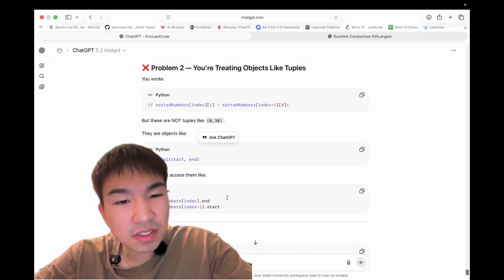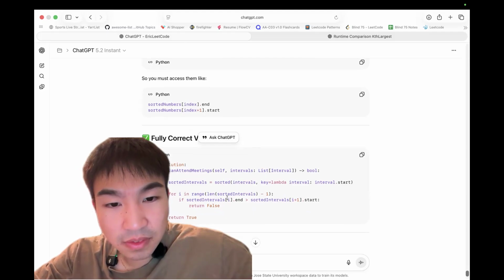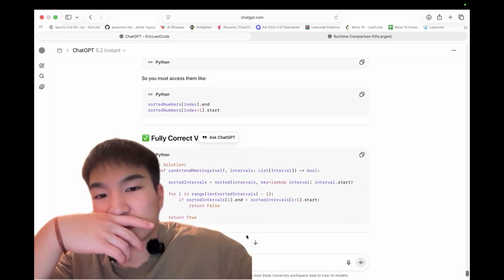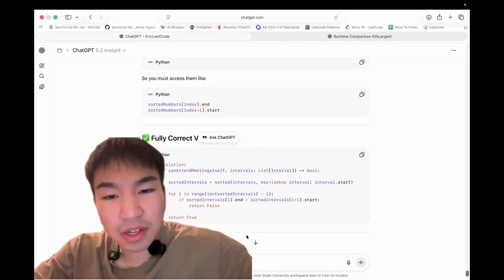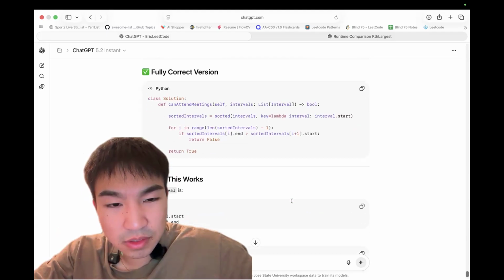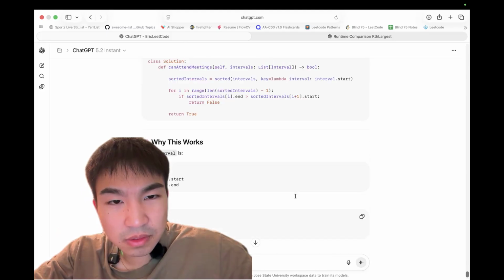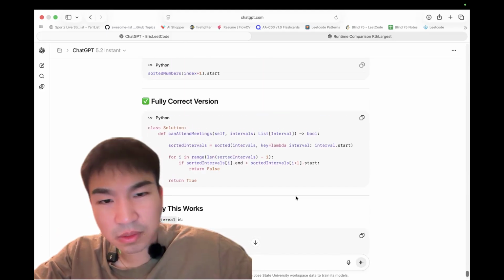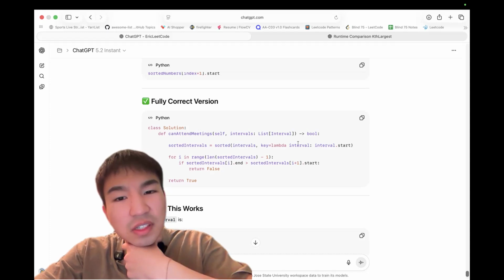What is this? Sorted numbers index dot index? I never saw this before. New keywords? We're using new keywords. What is this, lambda function?